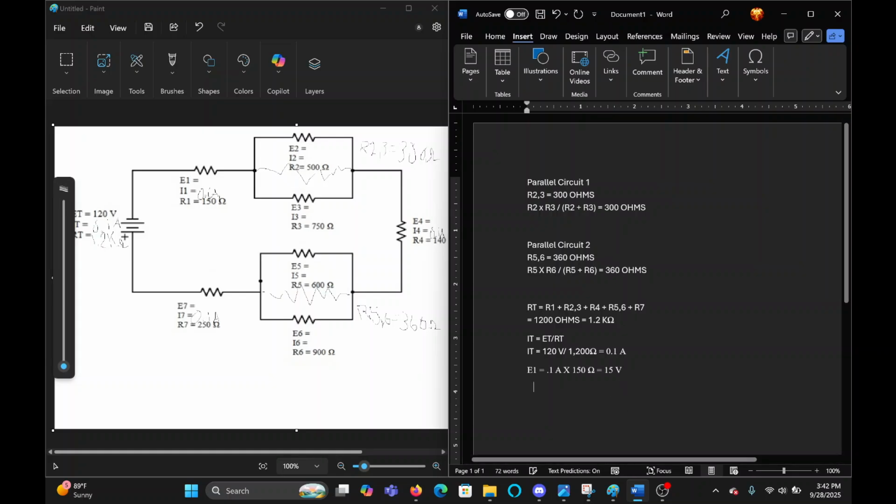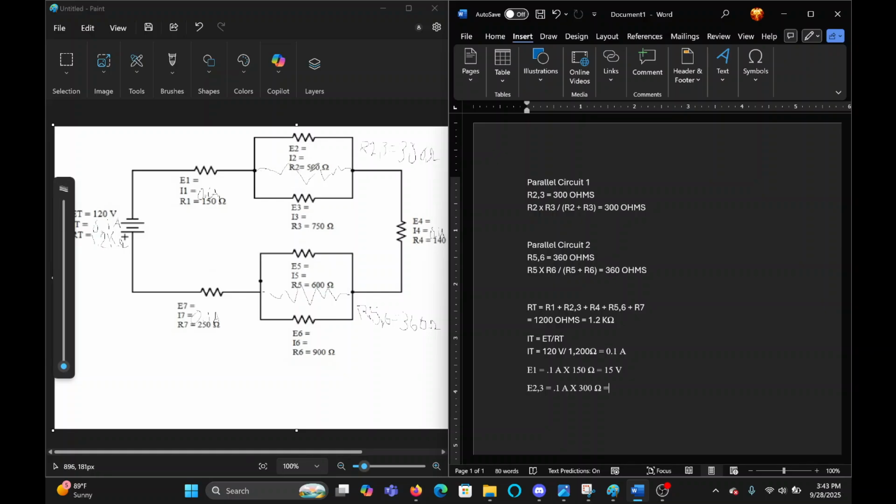Alright? So E2 and 3 is going to equal 0.1 amps times 300 ohms. You see this? The total is 300 ohms for R2 and 3.